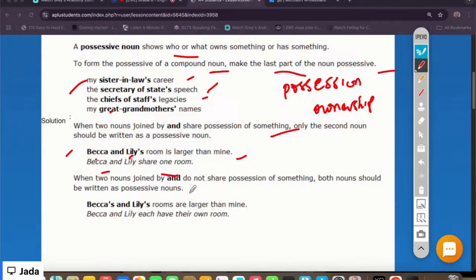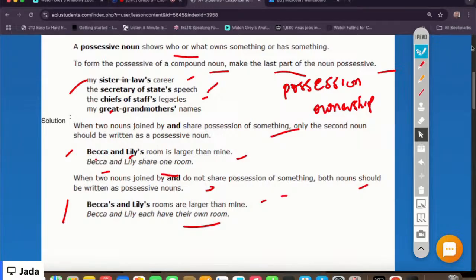When two nouns joined by and do not share possession of something, both nouns should be written as possessive nouns. So it's like Becca's and Lily's rooms are larger than mine. Becca and Lily each have their own room. So if they do not share possession of something, everything will be written separately.